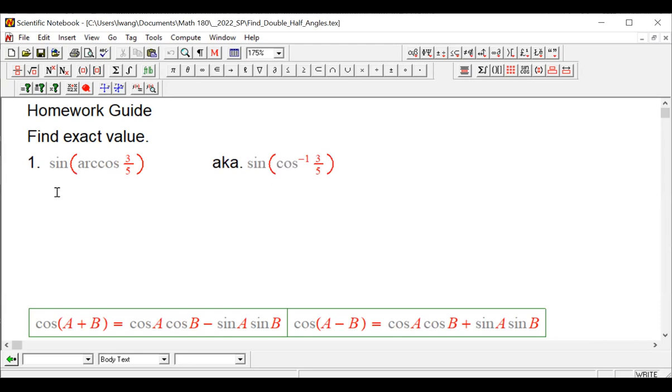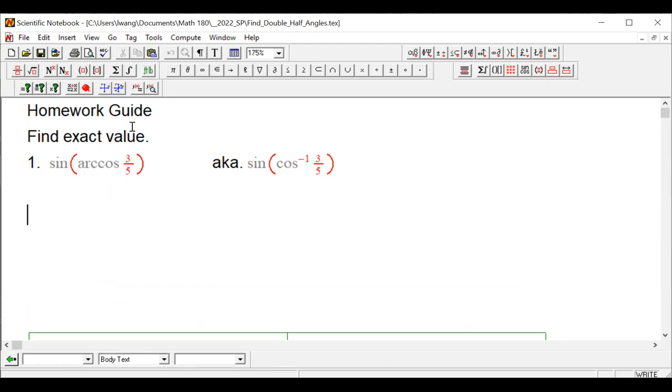Now, how do we resolve a question like this? We certainly don't have any shortcut, right? We had shortcuts when we have sine of arc sine, or cosine of arc cosine. How about in these cases? How do we find the exact value in particular?